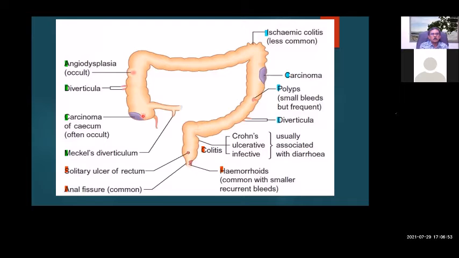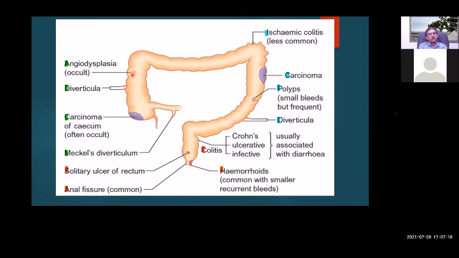This diagram shows the setup of the lower gastrointestinal tract where the bleeding takes place. On the left, highlighted by this green ink here, are the 4 common causes from the small intestine and ascending colon.